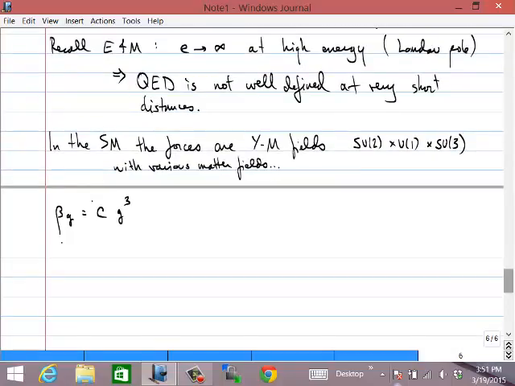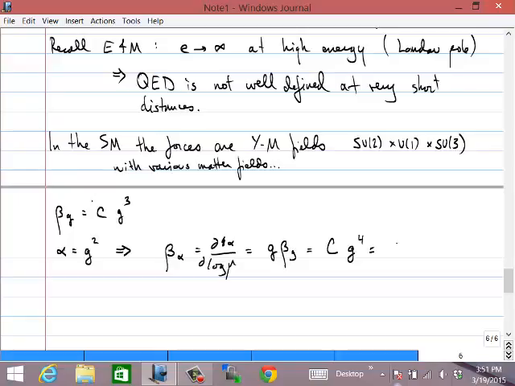So if we define alpha to be the square of the coupling constant, then that implies that beta of alpha, which is the derivative of alpha with respect to log mu, is g times the beta function for g. So that's going to be some constant times g to the 4th, or a constant times alpha squared.